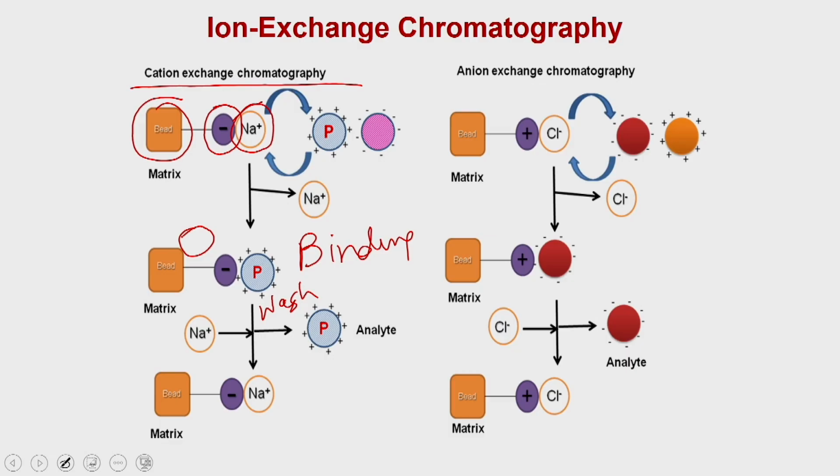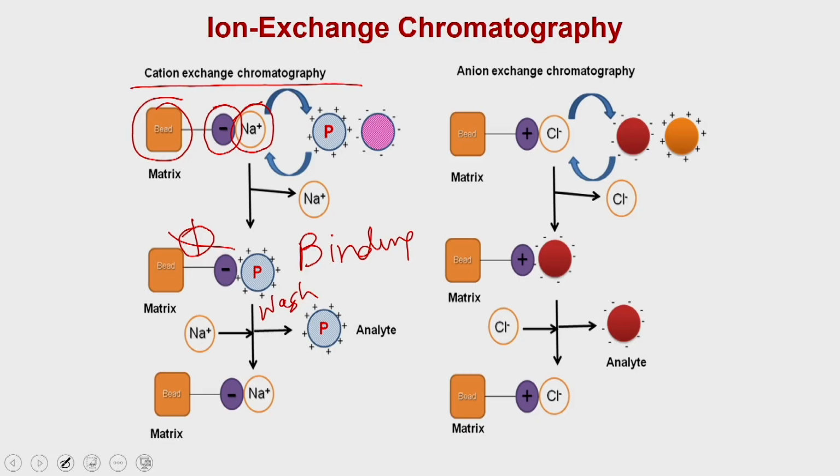Once you wash the column with a washing buffer, the protein molecules which are not interacting with the functional group present on the beads are removed. Now, you have the beads, the functional group, and the protein bound to that particular functional group.